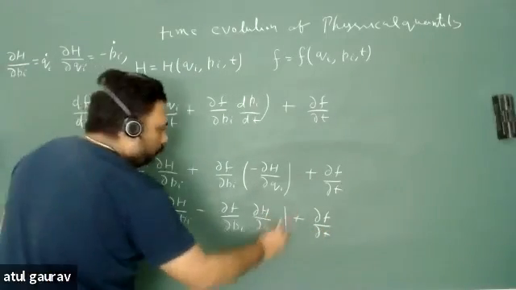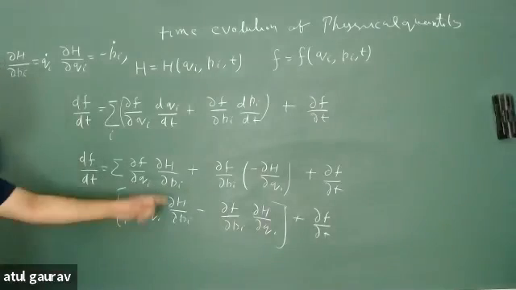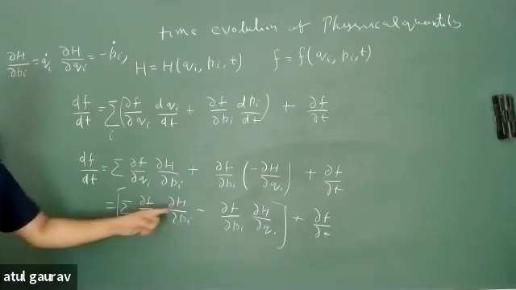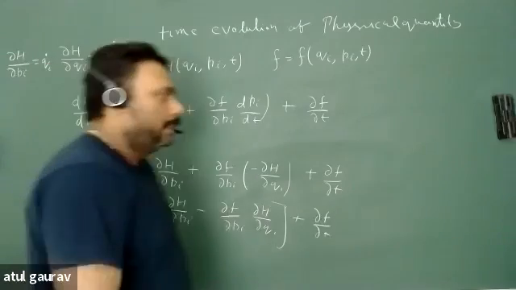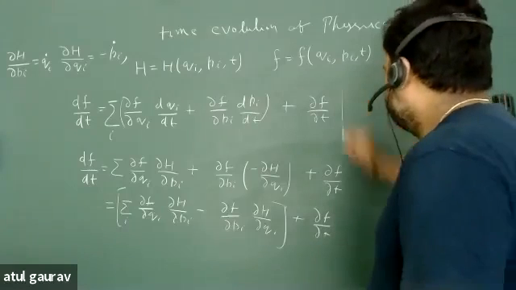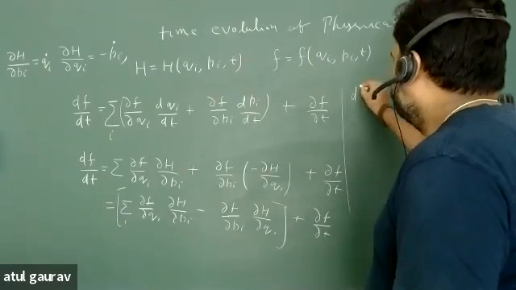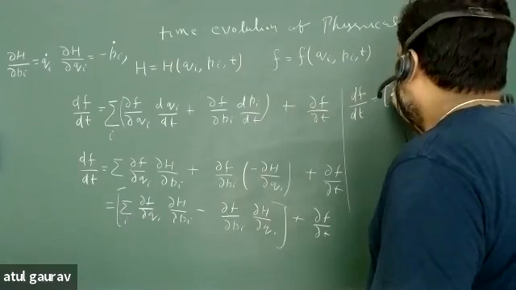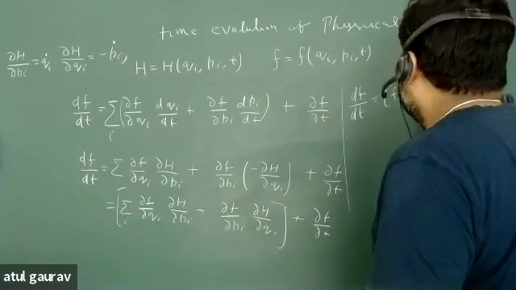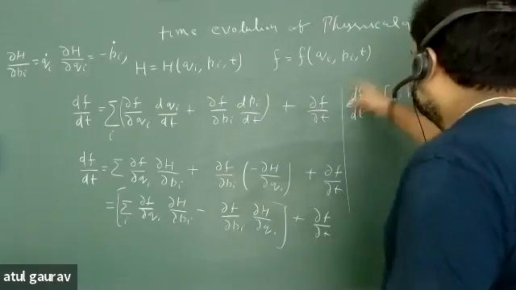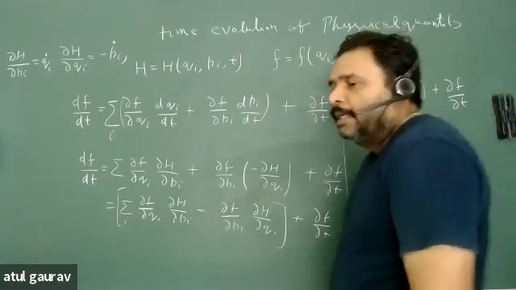This particular term is identified as the Poisson bracket between f and H. So this term can be written as the Poisson bracket of f and H. We have df upon dt is equal to the Poisson bracket of f and H plus del f upon del t. So this is the thing.